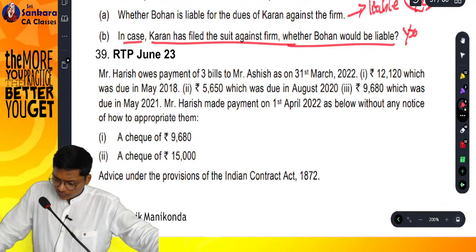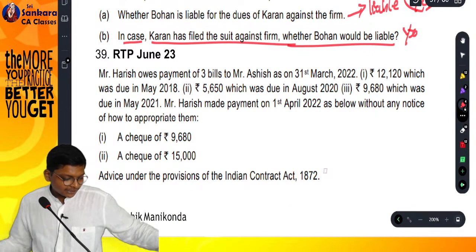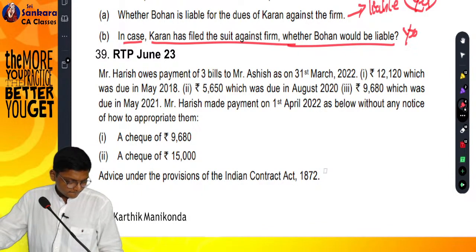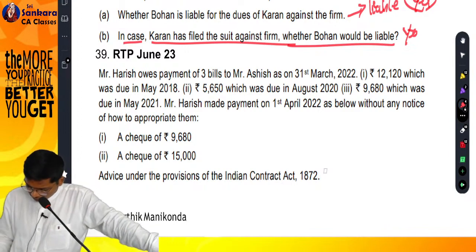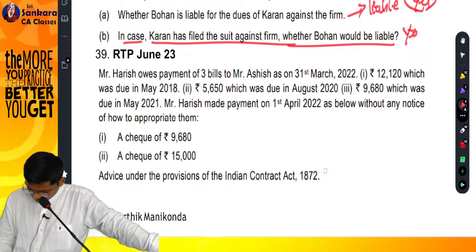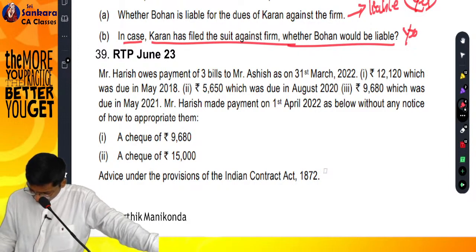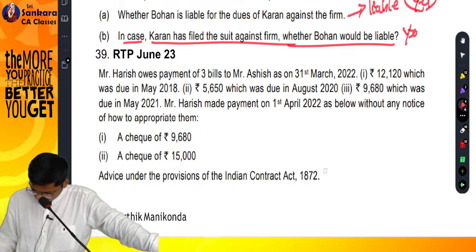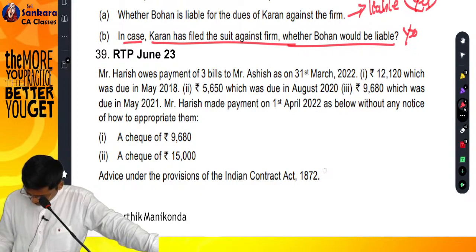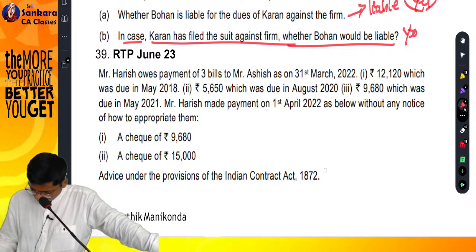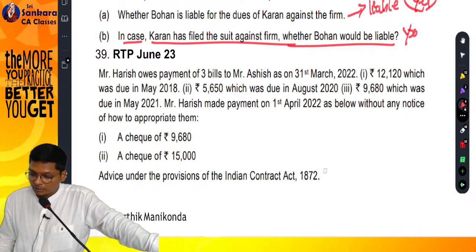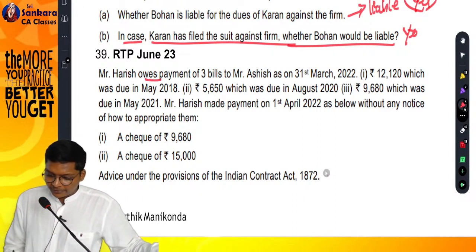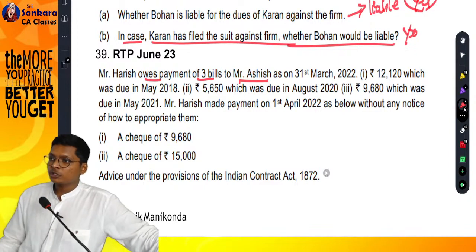Question number 39. Go through, guys. Harish owes payment of 3 bills to Ashish, appropriation of payment.